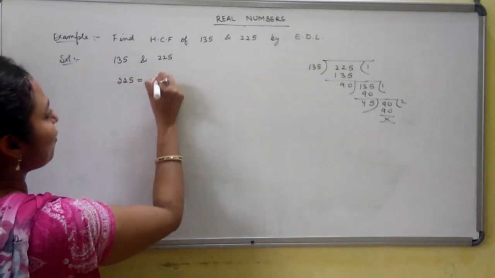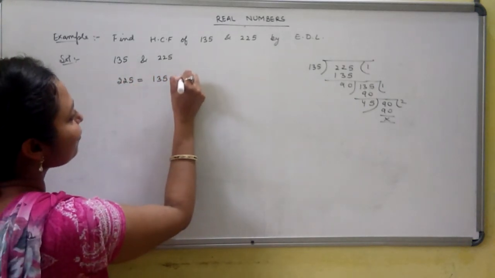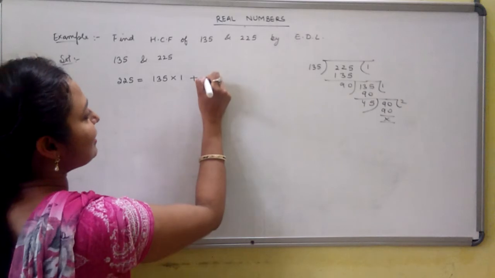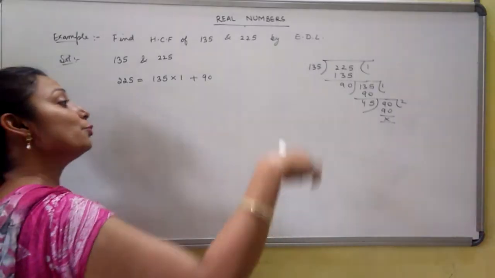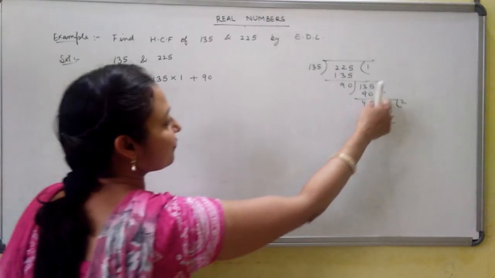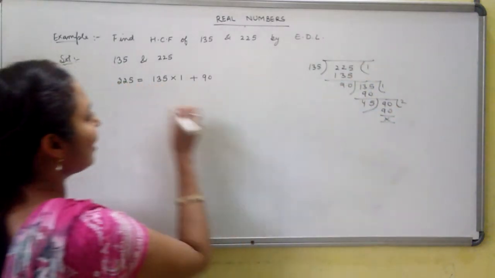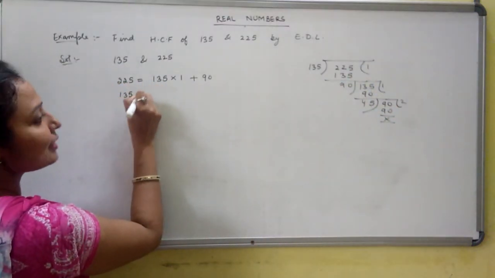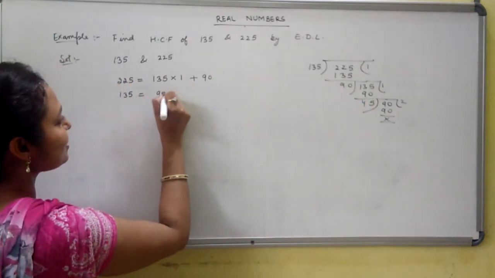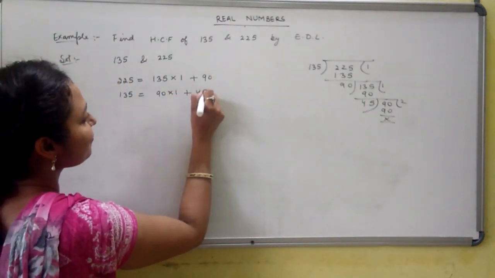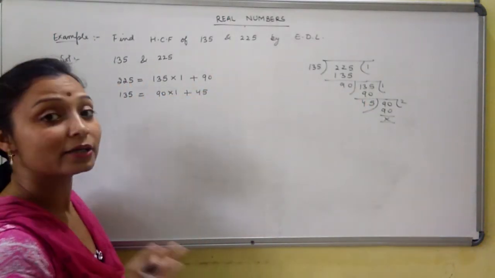225 is equal to 135 into 1 plus 90. The remainder is not 0, so you have to do the division again. 135 is equal to 90 into 1 plus 45. The remainder is again not 0.